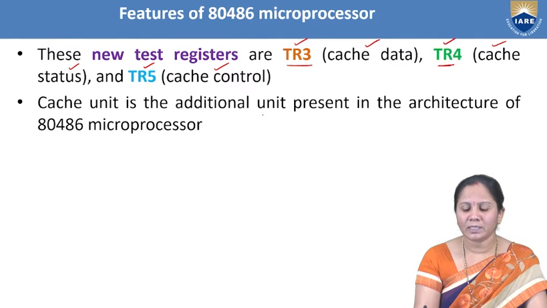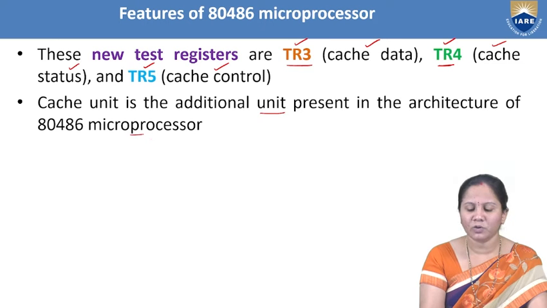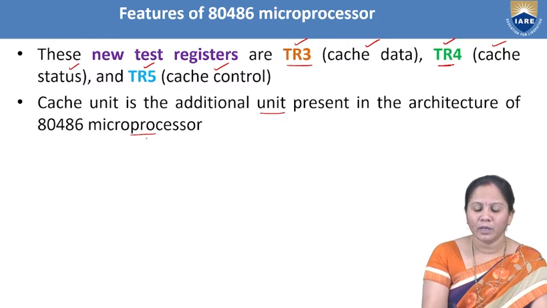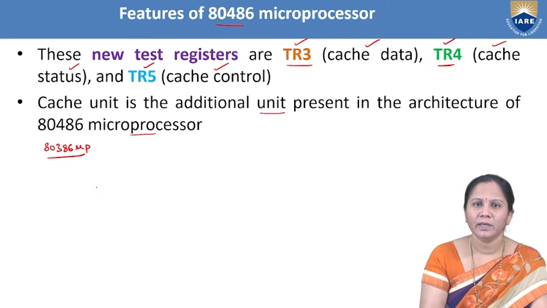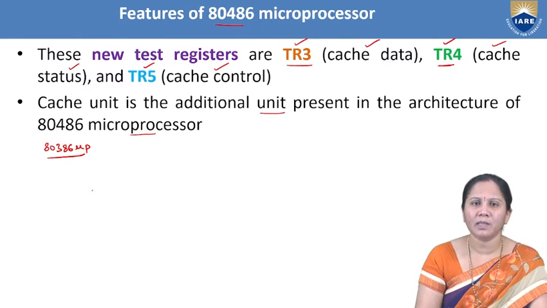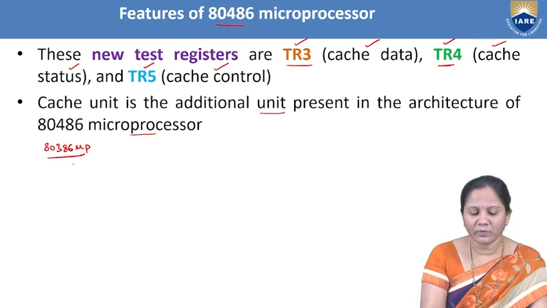The cache unit is an additional unit that is present inside the architecture of the 80486 microprocessor. Generally, if you consider the 80386 microprocessor that was there before this 80486, it consists of different units in the architecture. What are the different units?